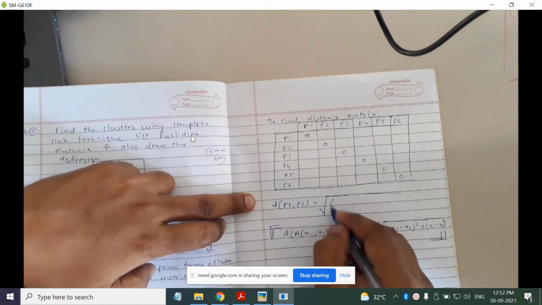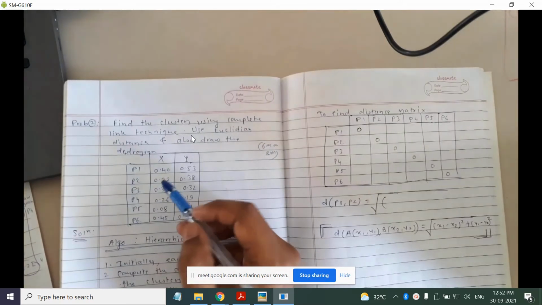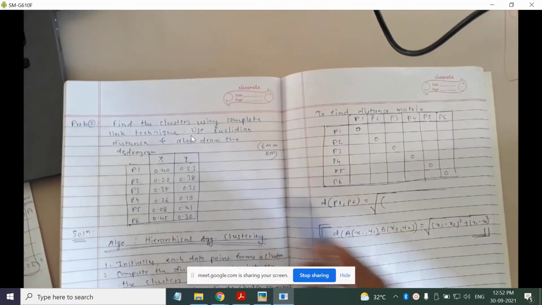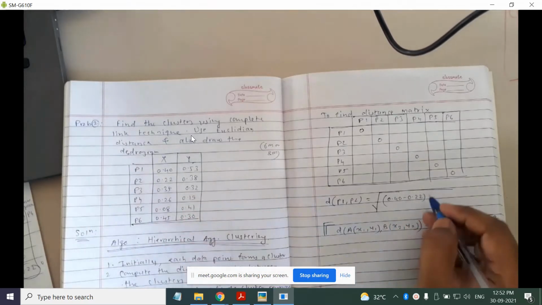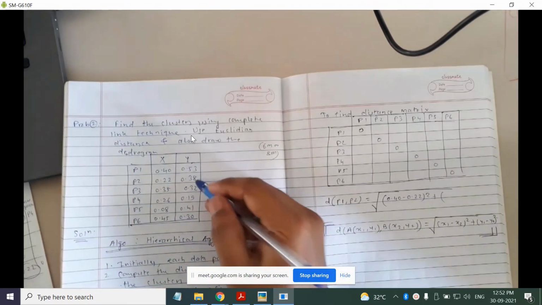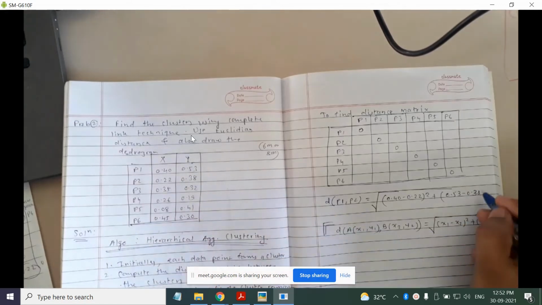Let us apply that formula for P1 and P2. The difference between the x coordinates is 0.40 minus 0.22, squared, plus the difference between the y coordinates, 0.53 minus 0.38, squared. I am referring to this table.